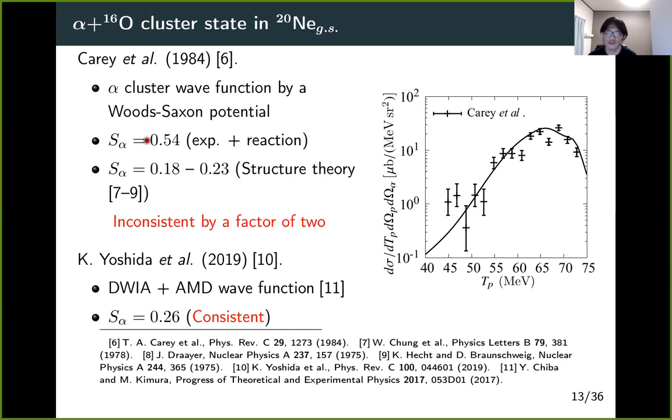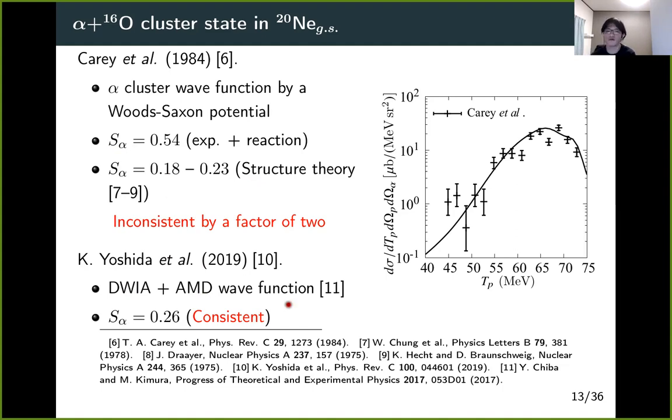They put it into the DWIA calculation and scaled the theoretical cross section to the data, and obtained an alpha spectroscopic factor of 0.54. This is rather large compared to the structure theory at that moment, which is about 0.2, so it's more than a twofold difference. So they were inconsistent.